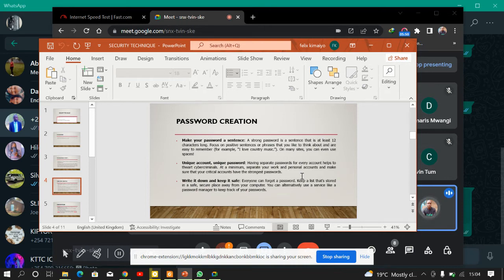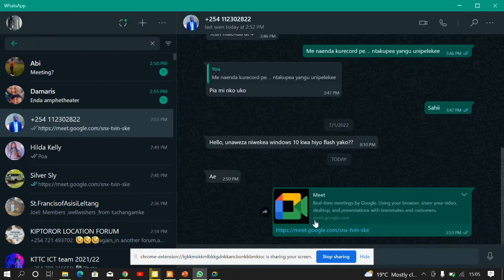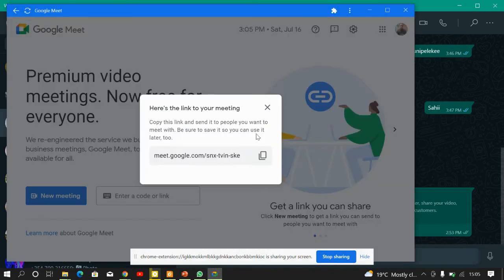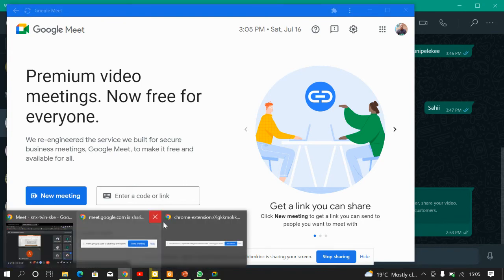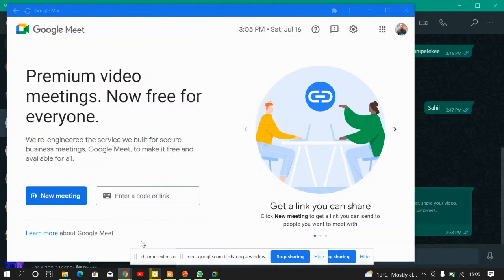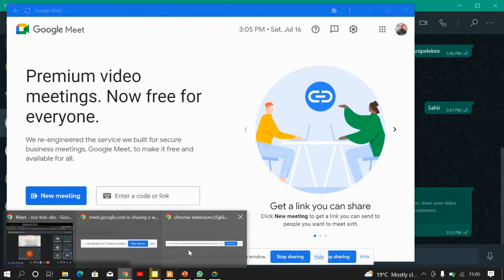Can somebody tell me one way of using a password manager? An example of a password manager. Yes, somebody tell me kindly. I'm not hearing you.